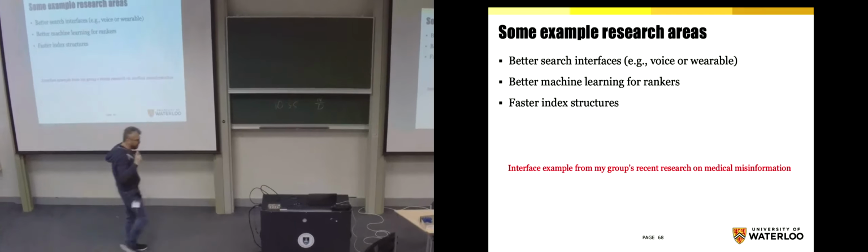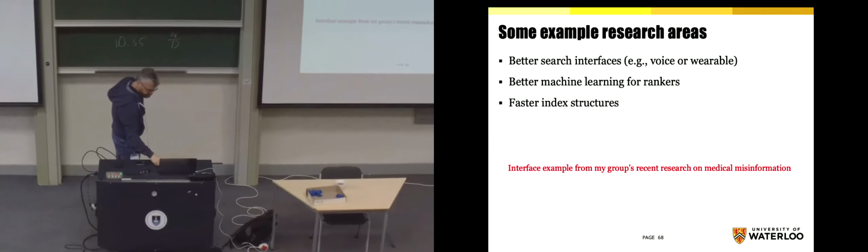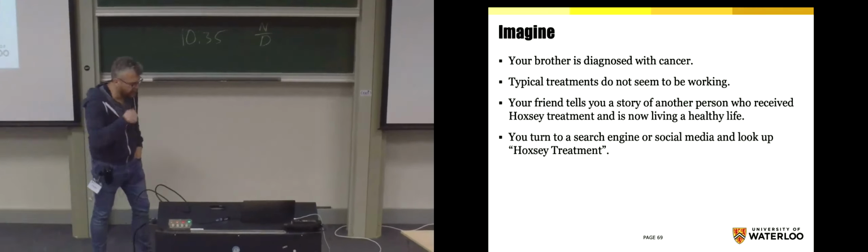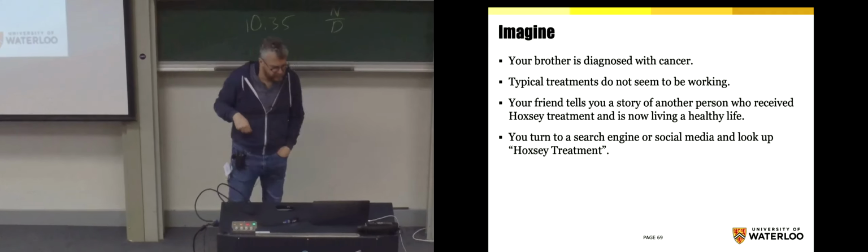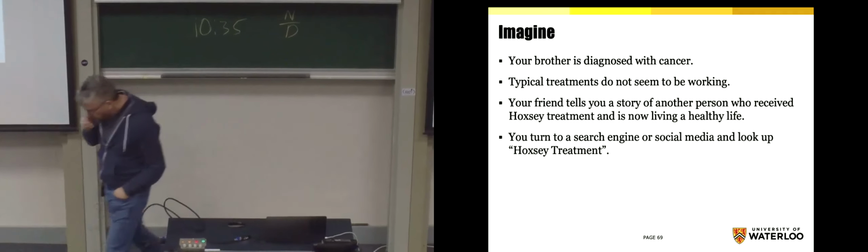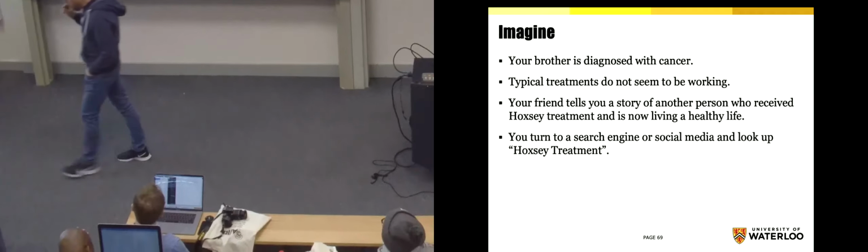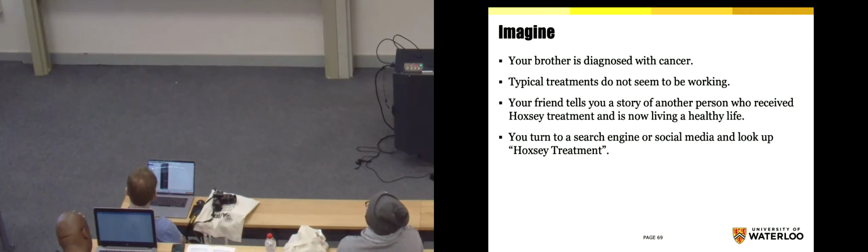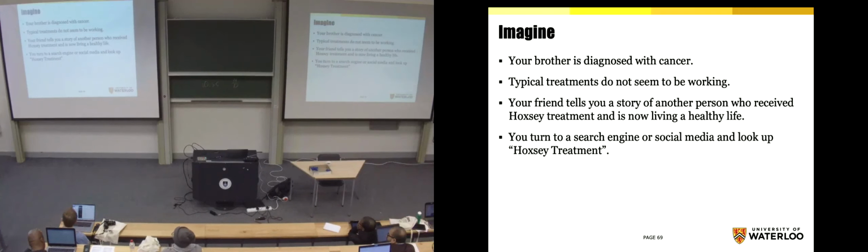This is a single thing we did lately in my lab, and a PhD student did this. The question is, how can a search engine do harm? How can it hurt people? This is on the human-computer interaction side of things. I'll come back to the machine learning part in a minute.